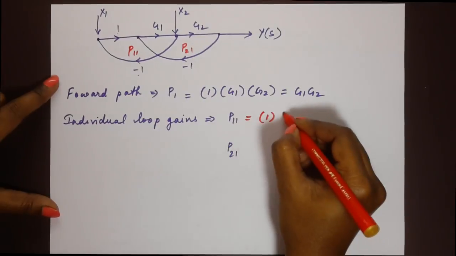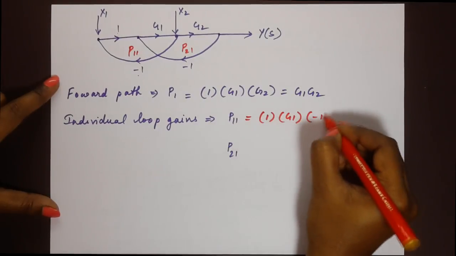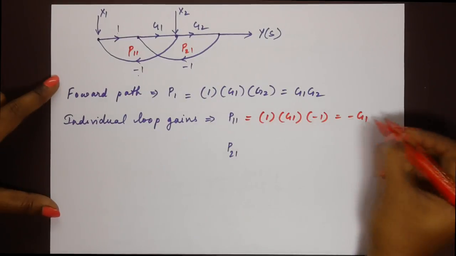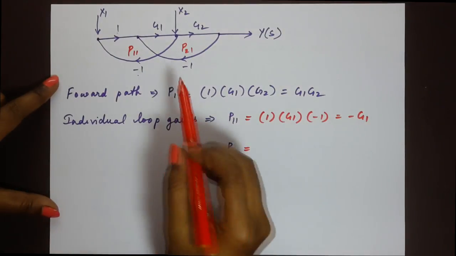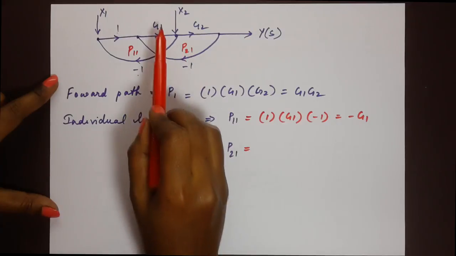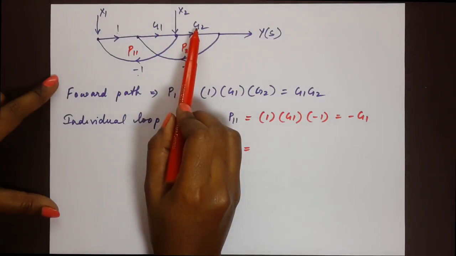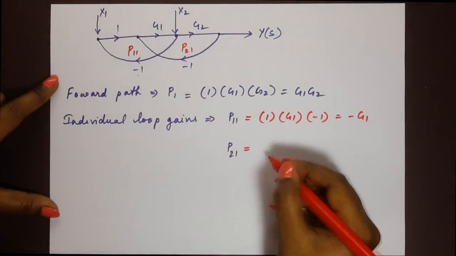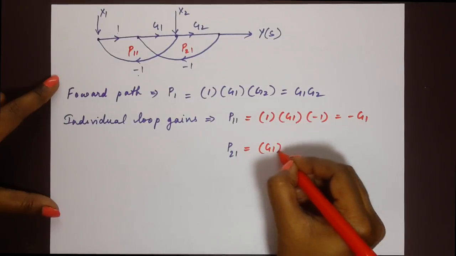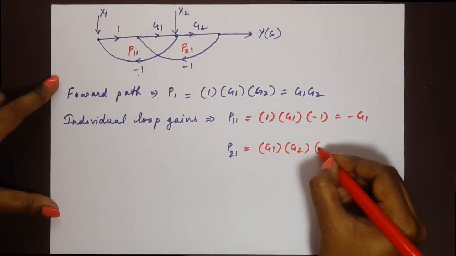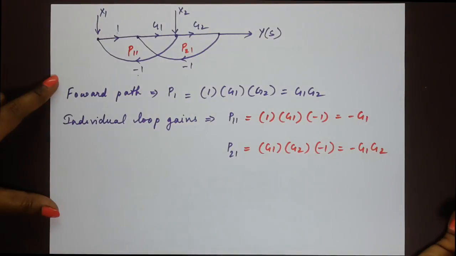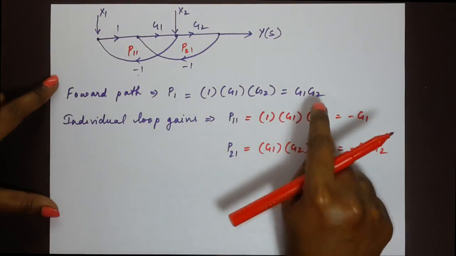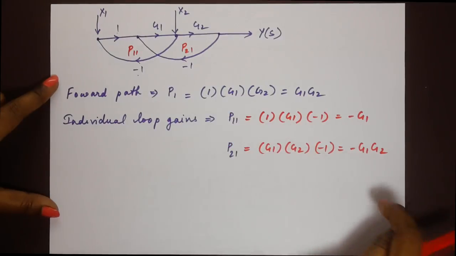So that's 1 into G1 into -1, which is minus G1. Similarly, for the second individual loop gain P21, we multiply the gains G1, G2 along with the feedback value. So that's G1 into G2 into minus 1, which is minus G1 G2.